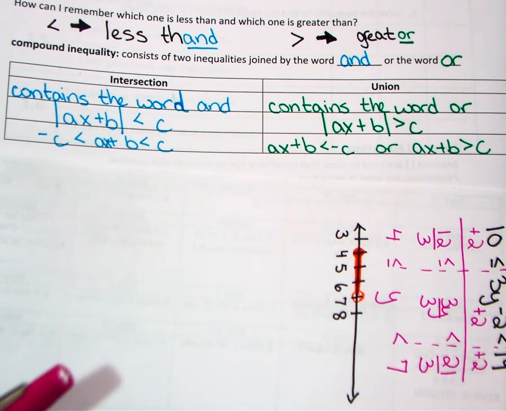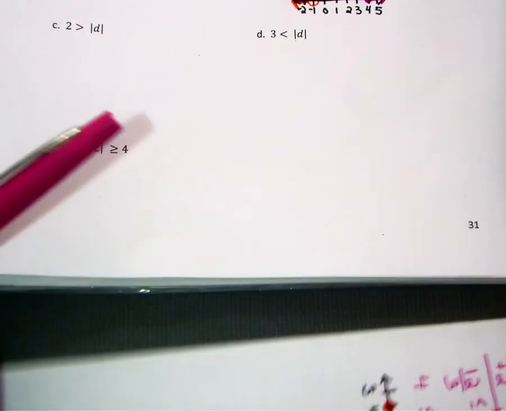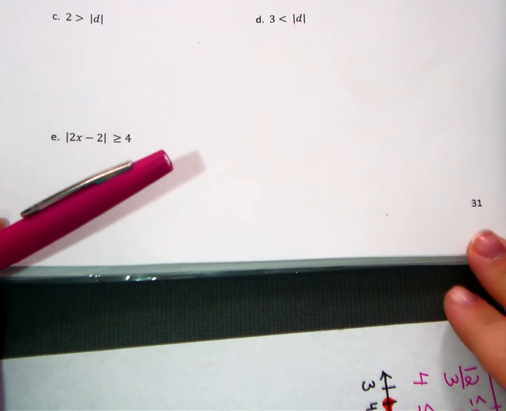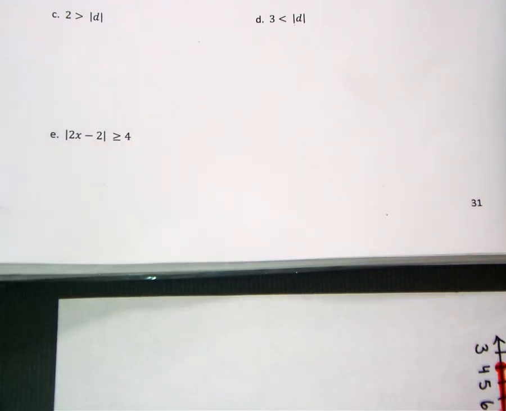Let's take a look at each of the inequalities below and first label whether it's an and because of a less than sign or an or because of the greater than sign. Now remember, we have to have the absolute value on the left side.